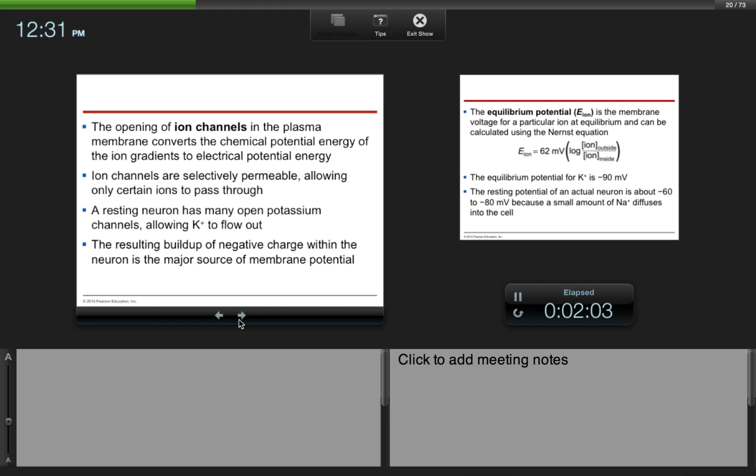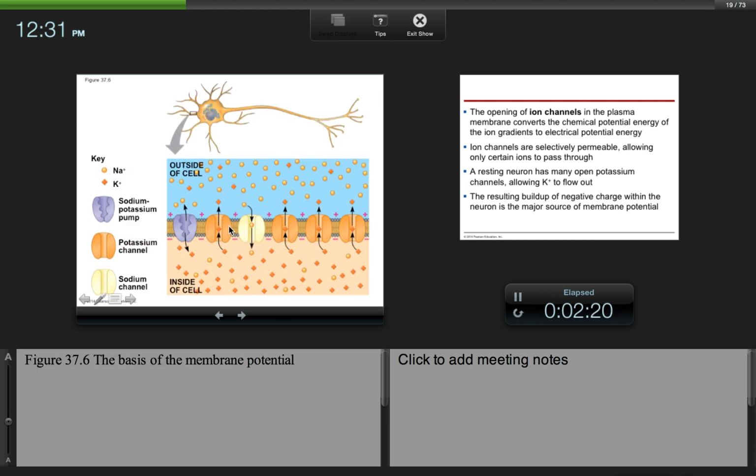The opening of ion channels in the plasma membrane converts the chemical potential energy of the ion gradients to electrical potential energy. Ion channels are selectively permeable, allowing only certain ions to pass through. A resting neuron has many open potassium channels, allowing potassium to flow out.